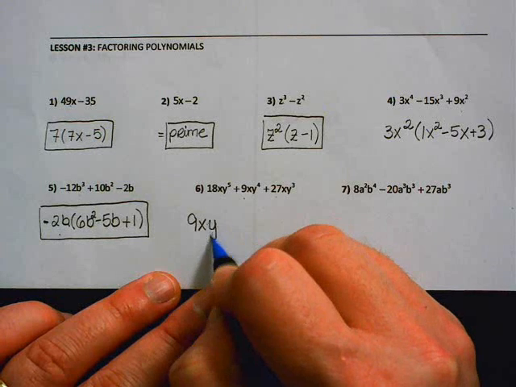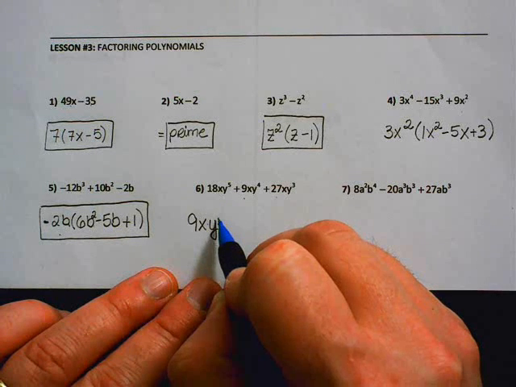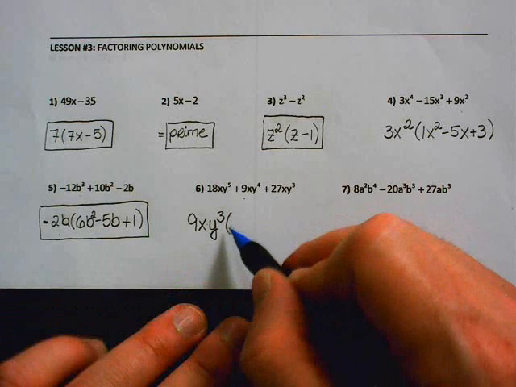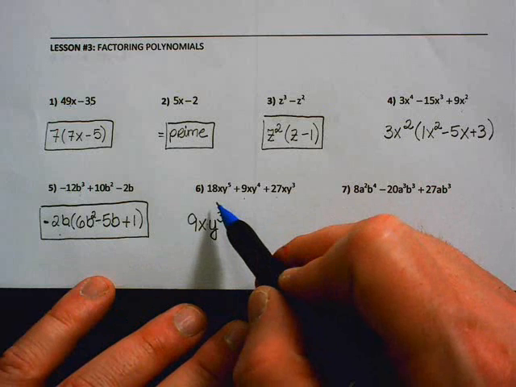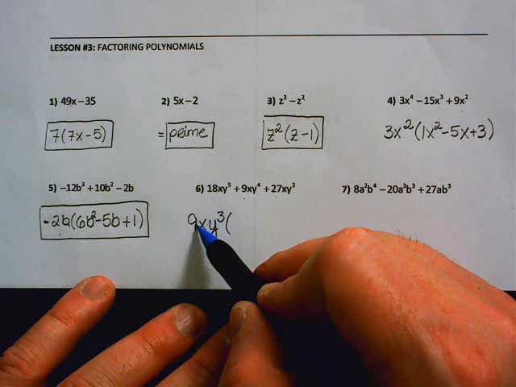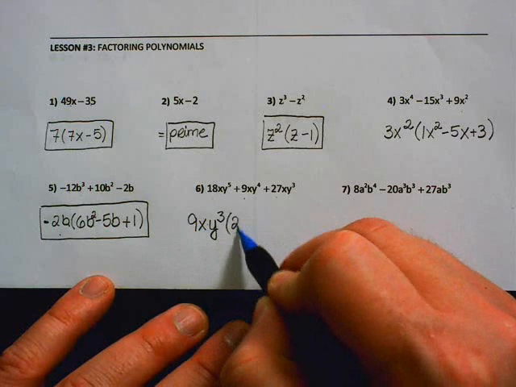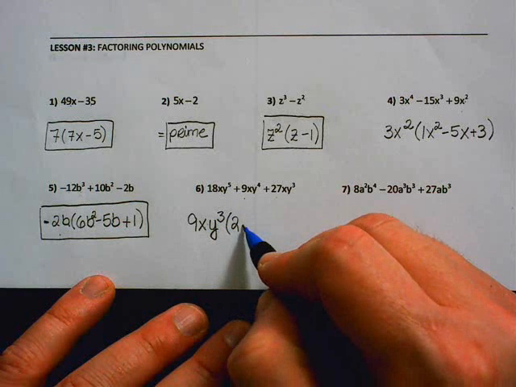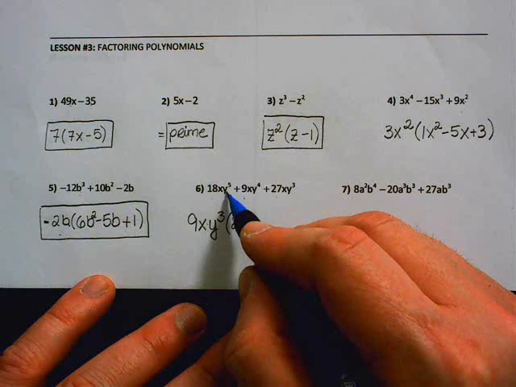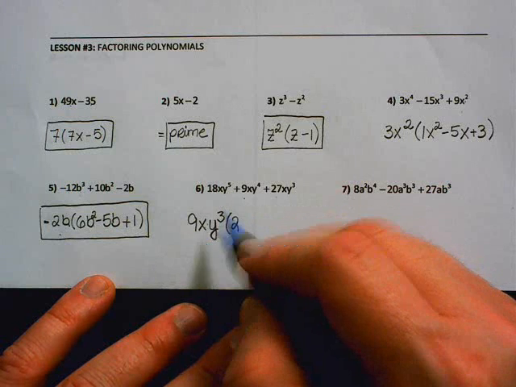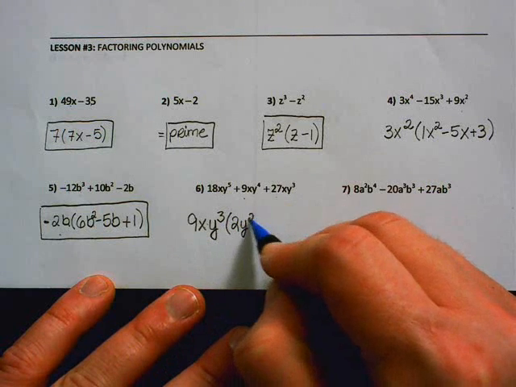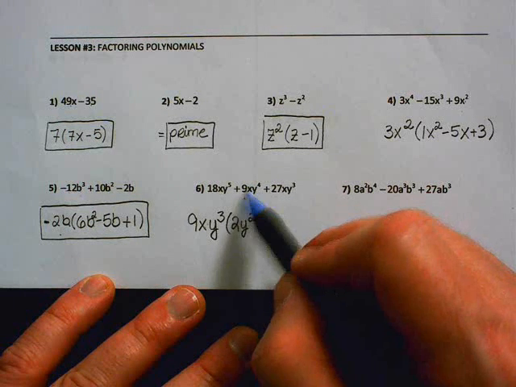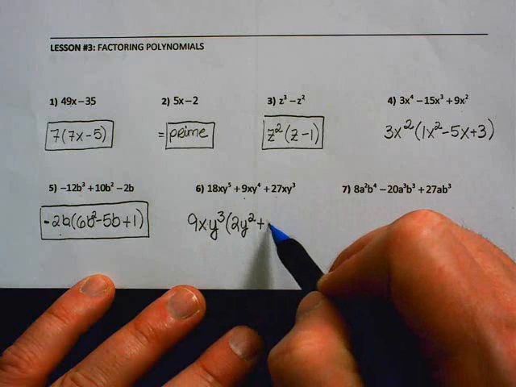For the y, I can factor out a y as well, and the smallest exponent will be a 3. Alright, now that I decided what to factor, I open my parentheses, and 18 divided by 9 is 2. X divided by x cancels, so the x is gone. Y to the 5th divided by y to the 3rd would be y to the 2nd. 9 divided by 9 is 1.